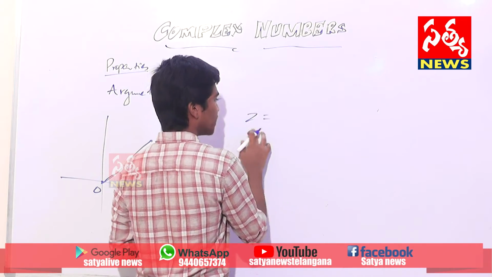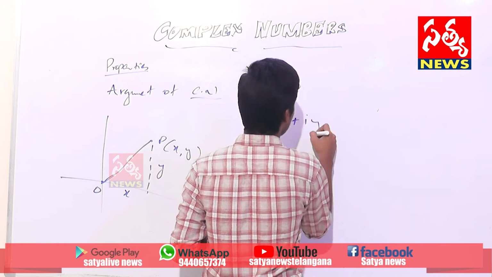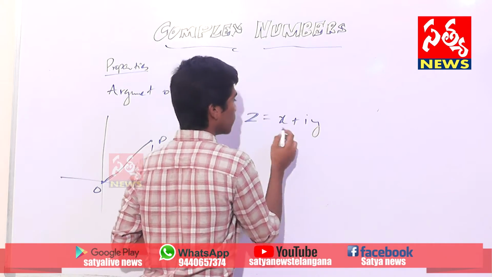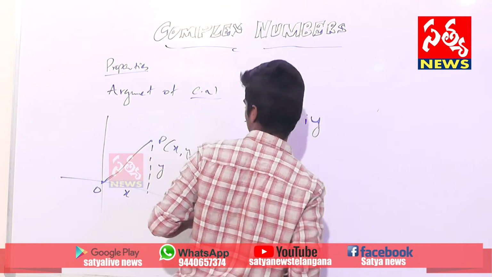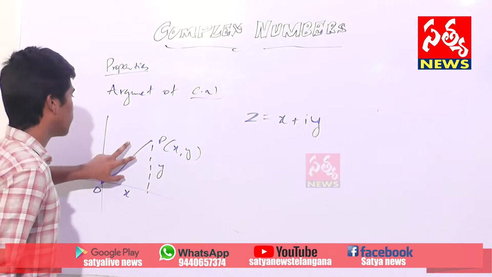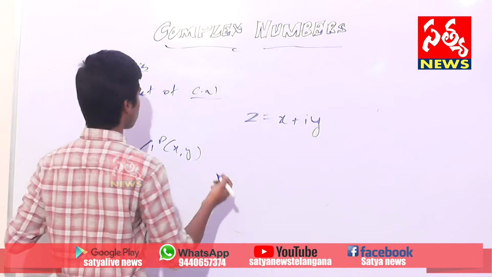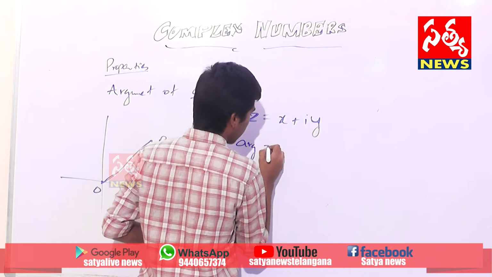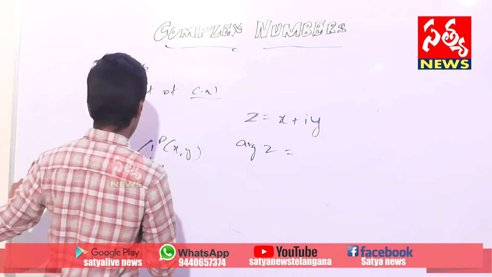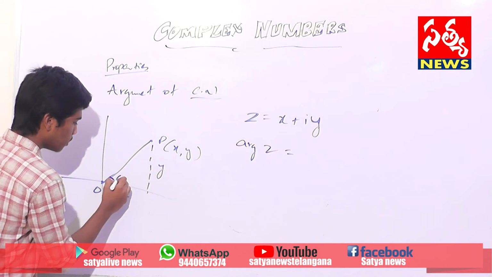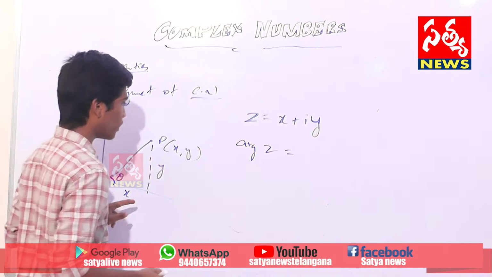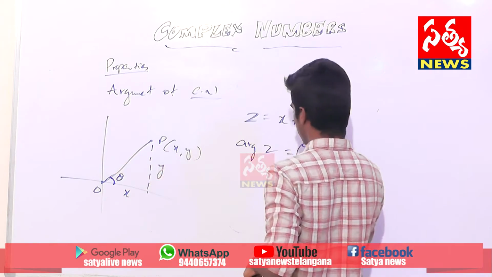A complex number is represented as z. z equals x plus iy is a complex number, and in this way we represent the complex number in the graph. Now argument of z means the angle. If you assume the angle as theta, argument of z is theta.